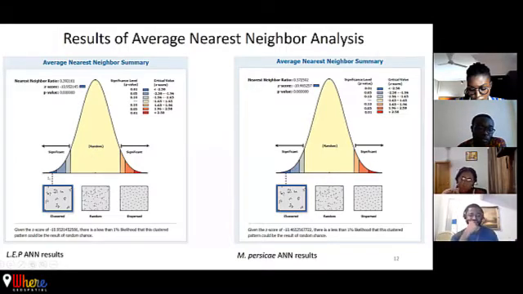But looking at where it has fallen now, we can conclude that indeed the points were clustered. And if it had fallen at this side of the distribution, then we would say the points are dispersed. That would also apply to M.